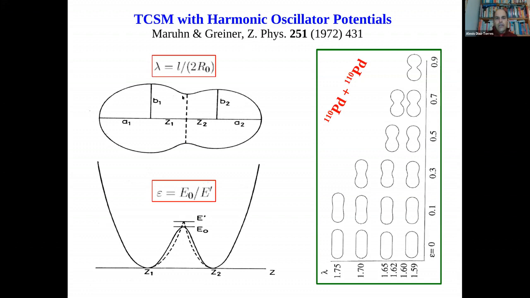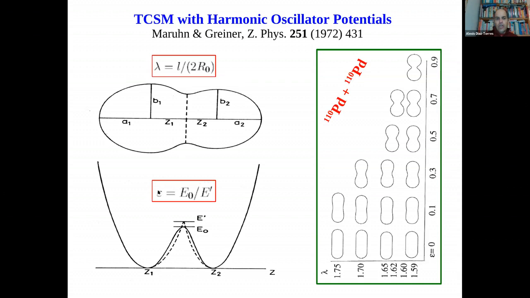Here you can see an equipotential shape in these two-center mean fields, and there are typically 5 collective coordinates associated with this problem. One is lambda, which describes the length of the system, or the internuclear distance between the two fragments. The fragments are the two parts of the system when we divide it through this dashed line, and this region is called the neck.